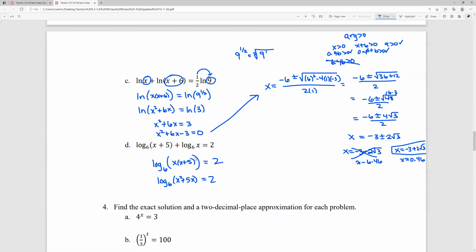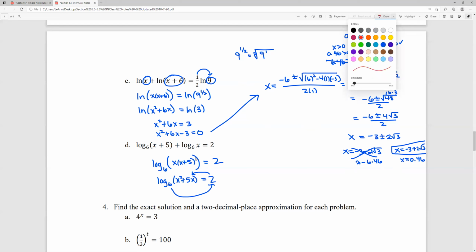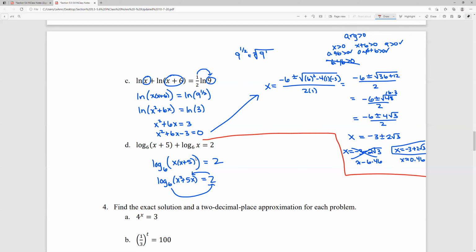So this is the case 2 type that we learned about in class today. There's a log on this side, but not on this side. So when you're dealing with this, the only possible way to solve it is to convert it to its exponential form. And just because all the stuff's blue and it's kind of running together, I'm going to change colors. So this will be 6 squared equals that x squared plus 5x.